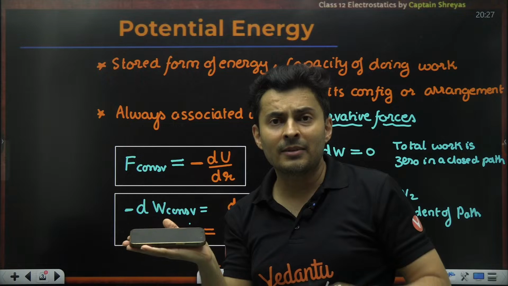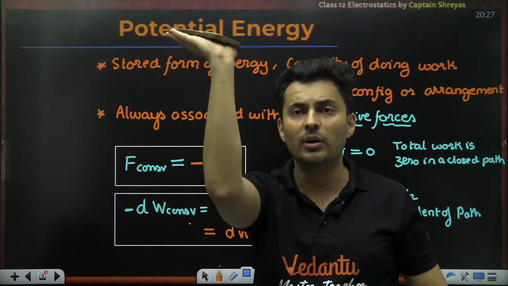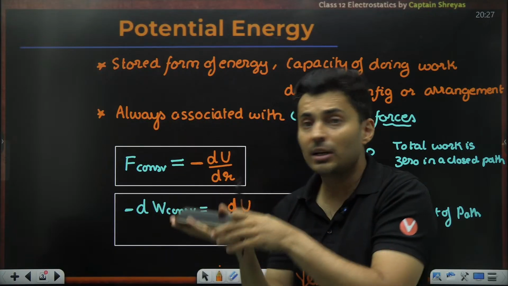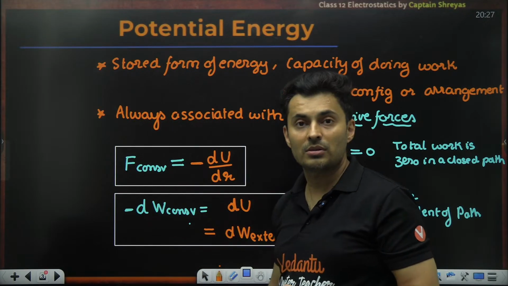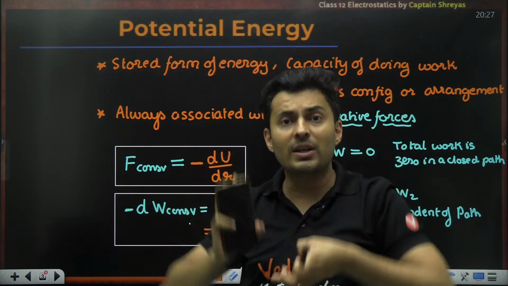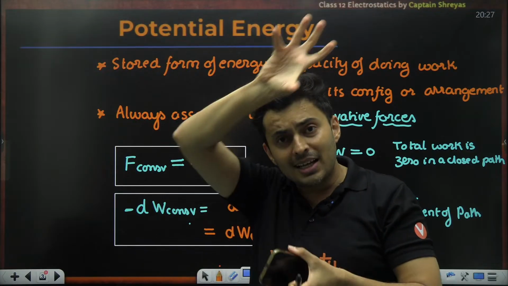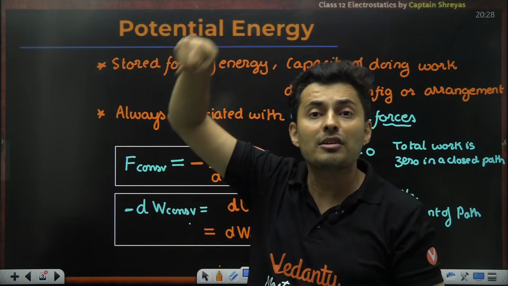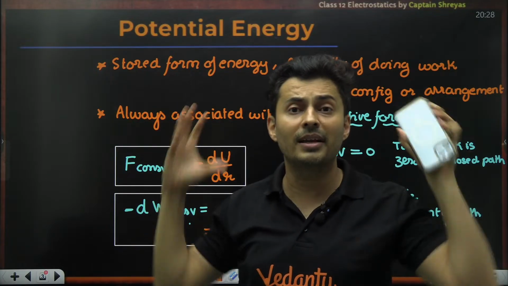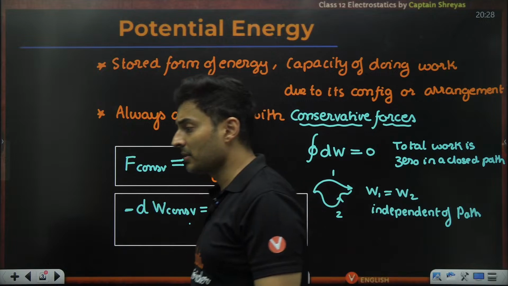At the same moment, gravitational force would be acting down as I'm lifting my phone, so that force will be doing negative work. And how much negative work? Exactly negative 10 joules. Negative means it is sucking that energy, and all that energy which has been sucked will get stored in the potential energy. All these concepts are very important before you start the concept of electric potential energy.